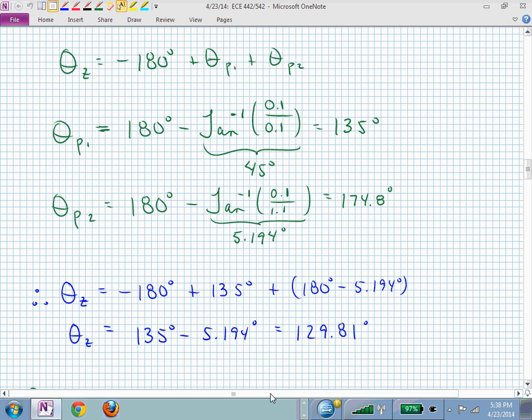If we substitute in those numerical values for the pole angles, we end up with theta sub z being equal to 129, or basically 130 degrees. And what did we need? So when you're doing this design process, you might come up against a situation where it doesn't make sense or it's not working.